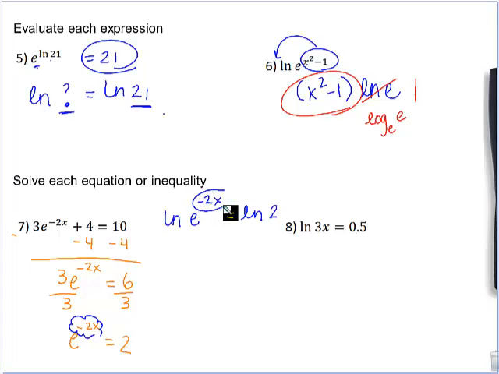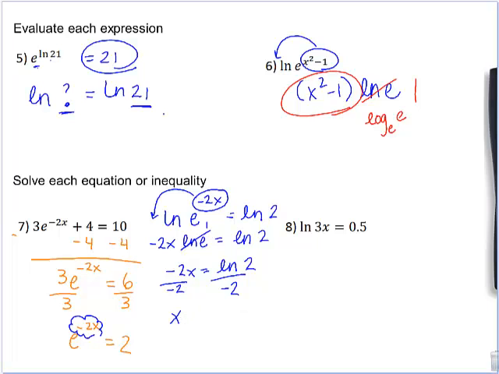Our properties of logarithms tell us that this exponent gets multiplied out in front. So we have negative 2x times the natural log of e is equal to the natural log of 2. The natural log of e is just 1. So we have negative 2x is equal to the natural log of 2. And then we would divide both sides by negative 2.